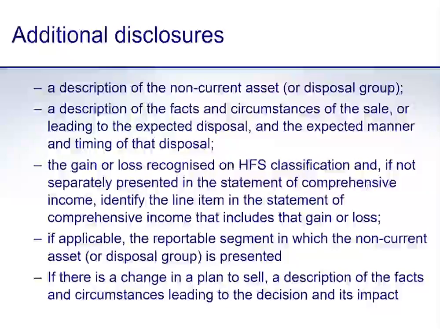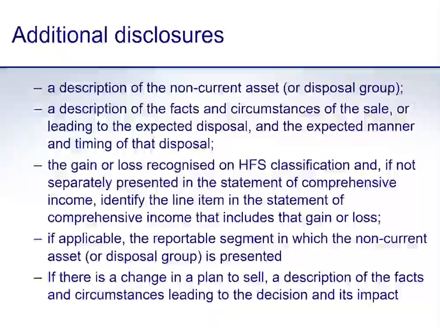At the same time, in that same note, I can include what gains and losses are recognized on classification as held for sale. And this presumes that I've not disclosed this number elsewhere in my statement of comprehensive income. If I have, then there's no need for me to repeat myself.